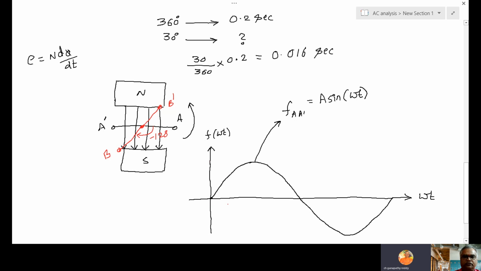So this is 0. This is 90 degrees, 180 degrees, 270 degrees, and 360 degrees. 120, so it will start somewhere here. So here I have to draw another sine wave.